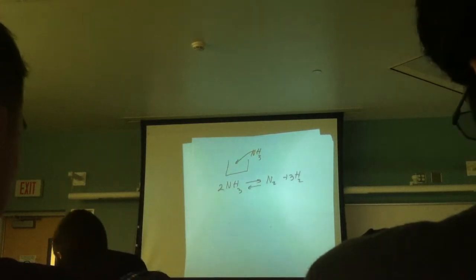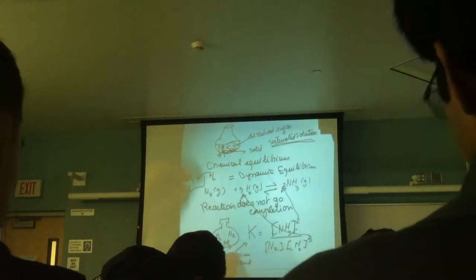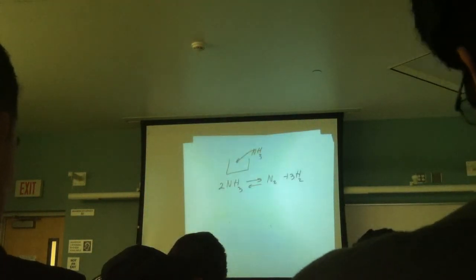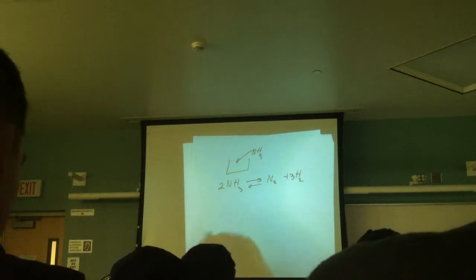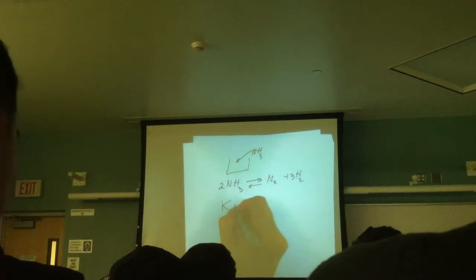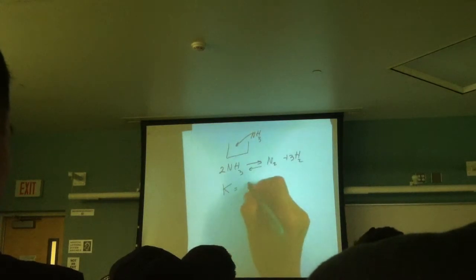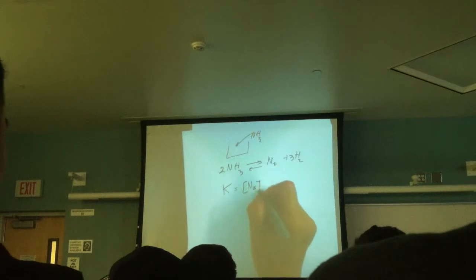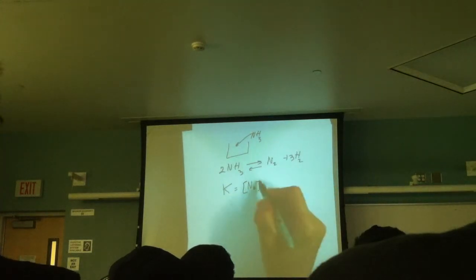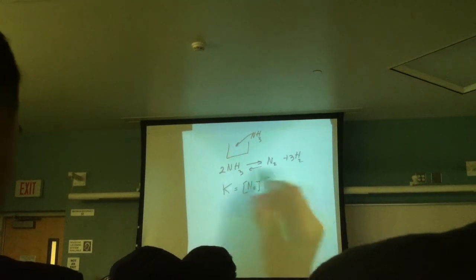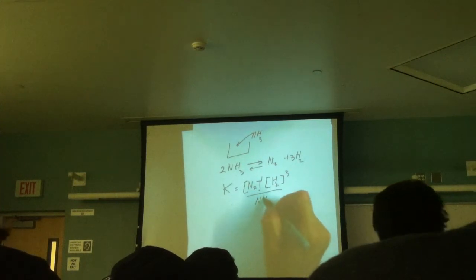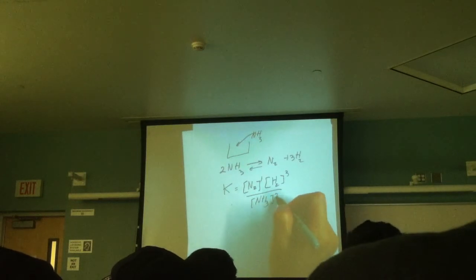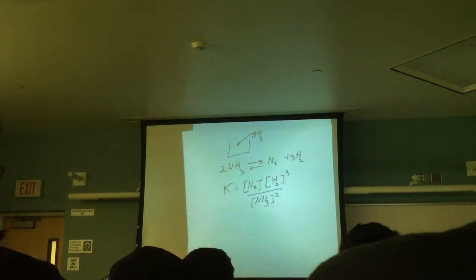You can either start with nitrogen and hydrogen and reach equilibrium, or you start with ammonia and it reaches equilibrium. What will be the equilibrium constant here? You know how to write it? I showed you how. What we have on the right is always on the top. What we have on the left is always on the bottom. Always. You don't have a choice. And we call that the equilibrium constant.